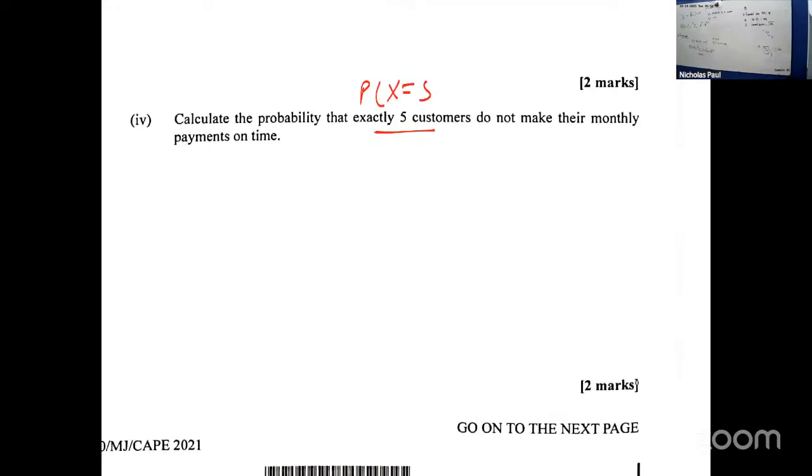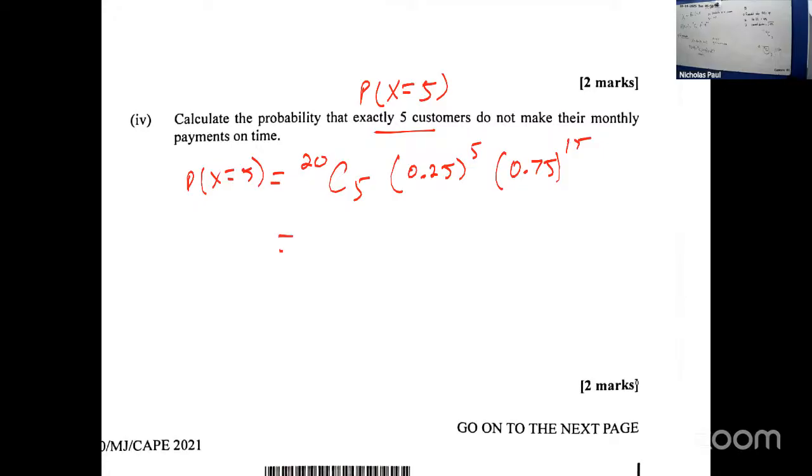Probability of x is equal to 5. That will be 20 C5 by 0.25 to the power of 5, by 0.75 to the power of 15.